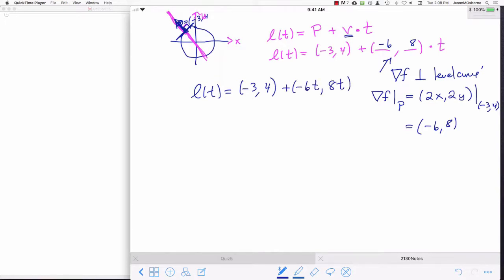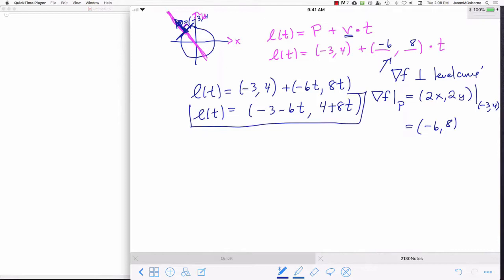One interpretation of this question was to take them very literally and say when they said line, they meant straight line. So here is a straight line that is perpendicular. Here's your level curve. I know it looks like a circle, but it could be any level curve.